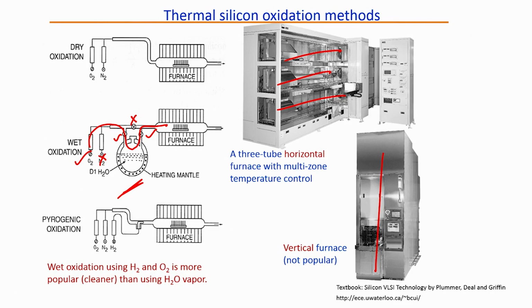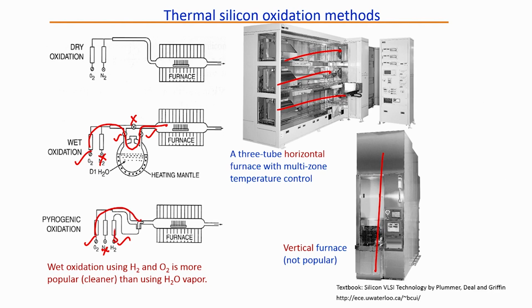There is one more technique, which is called pyrogenic oxidation, in which you have oxygen, nitrogen, and hydrogen. Initially, you close the oxygen and hydrogen valves and only allow nitrogen to flow through the furnace. Later on, you close the nitrogen valve and open the oxygen and hydrogen valves.